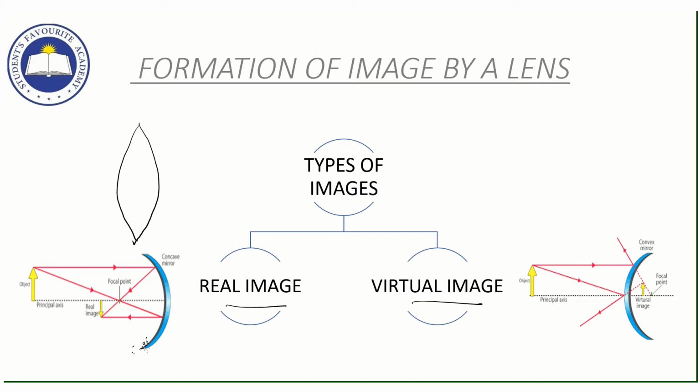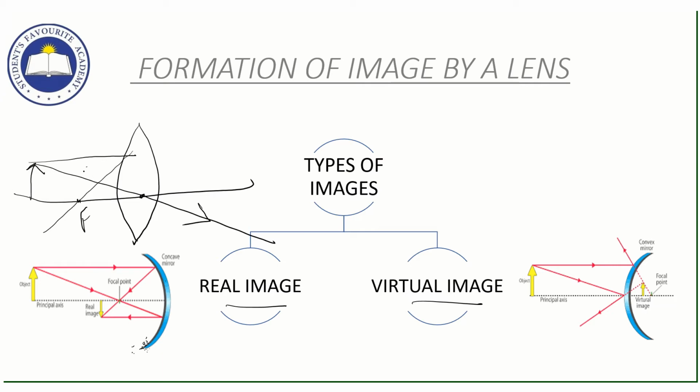When an object is kept on the principal axis, suppose this is the object, a ray which is parallel to the axis is incident and will pass through the focal point. Suppose this is the focal point. Another ray which passes through the optical center will go undeviated.